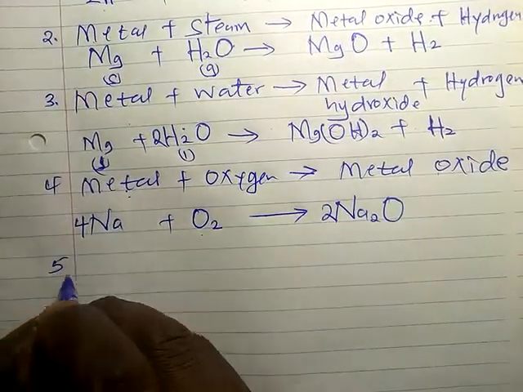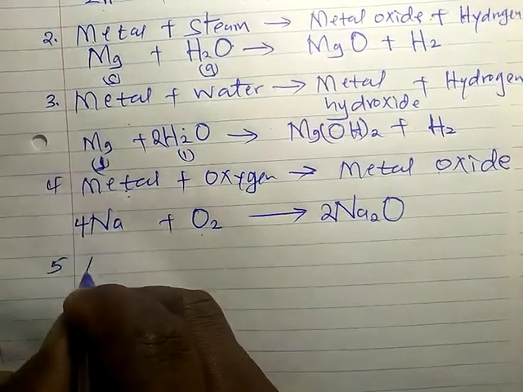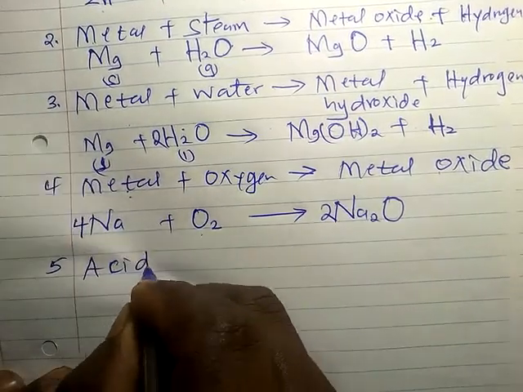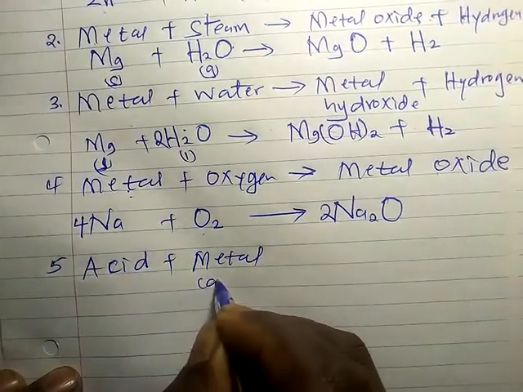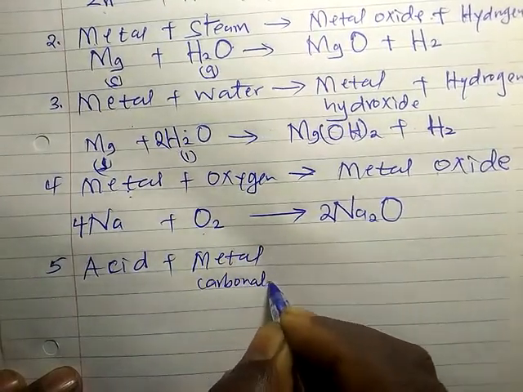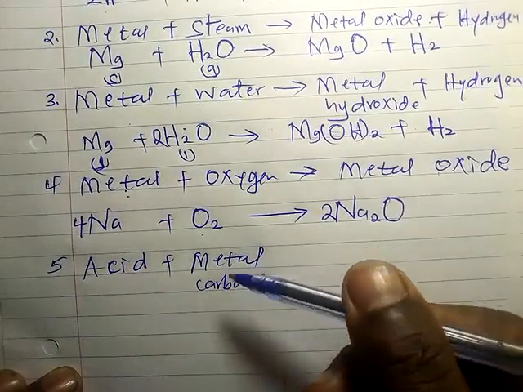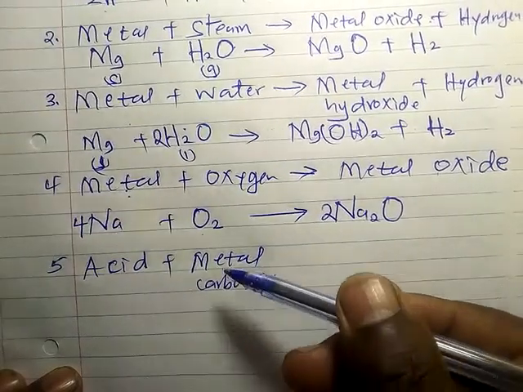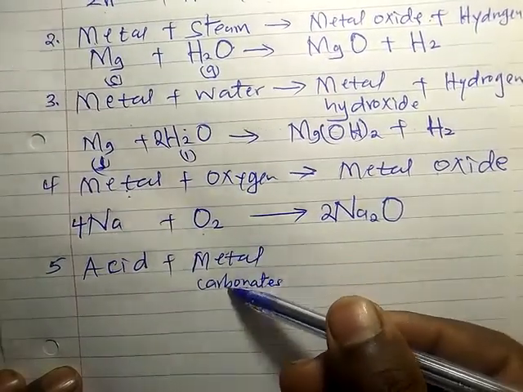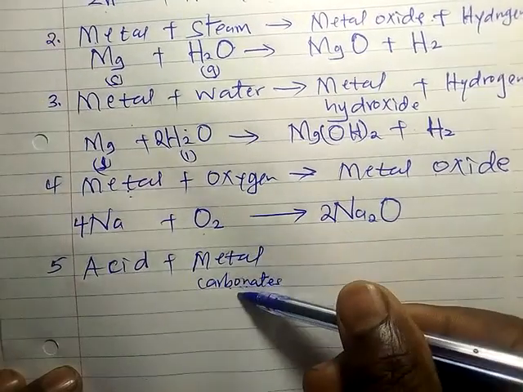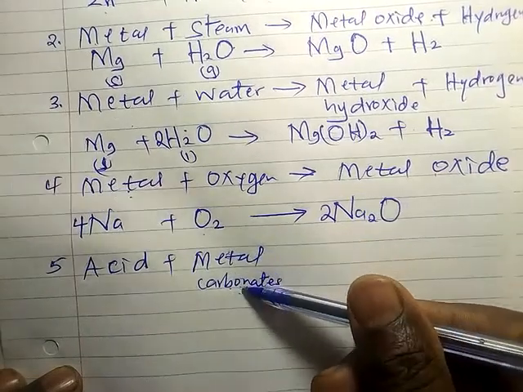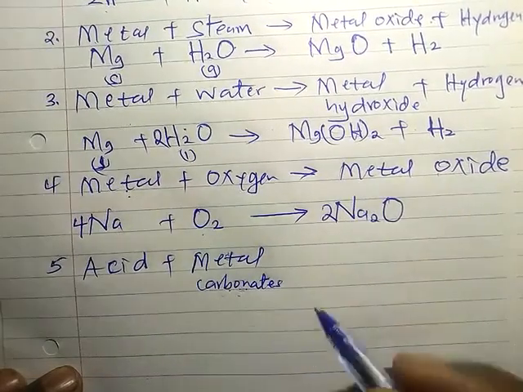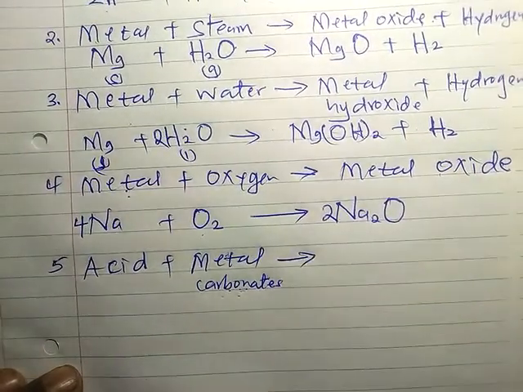Number five, you should know that an acid plus metal carbonates. Examples of a metal carbonate are zinc carbonate, sodium carbonate, magnesium carbonate. That's what we call metal carbonate, because you see I'm putting a metal and then the carbonate. So what does it give you?